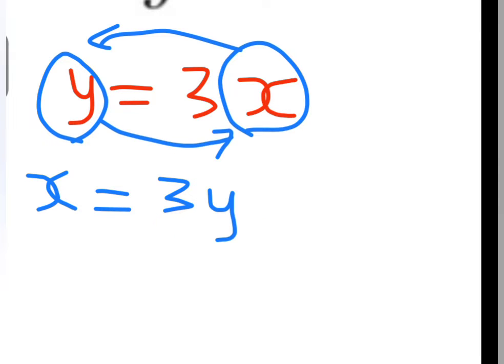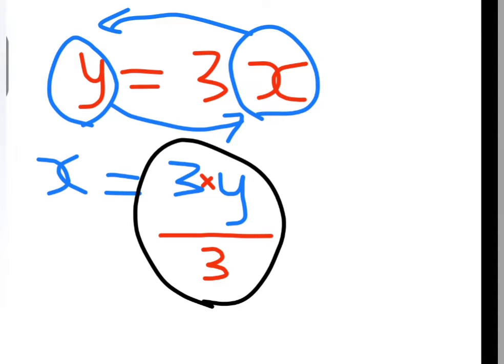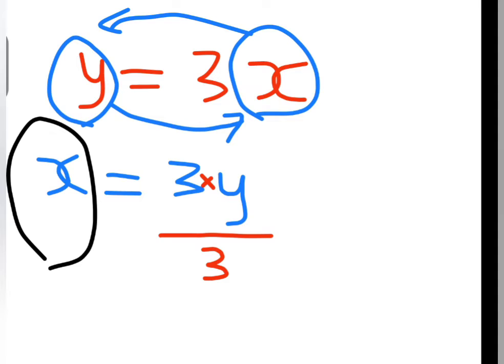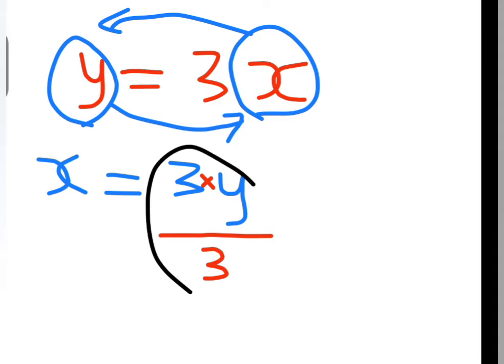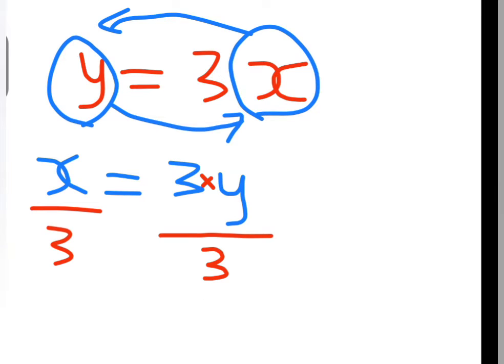We want to remove the 3, and because it's multiplied, we have to do the opposite here. And the opposite of multiplying is dividing. So we divide this side by 3. And because we divided this side by 3, we have to do the same with the other side. So whatever you do to this side, you do to the other side. So we divide on 3 here.